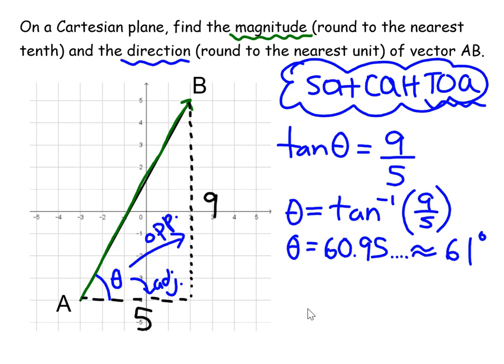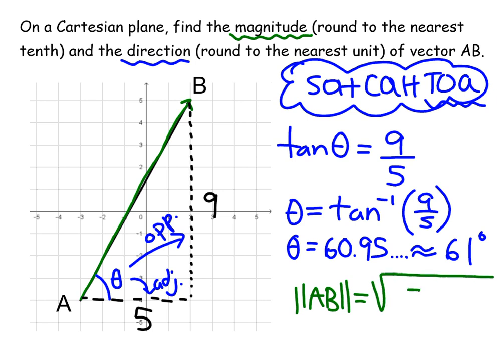Now to find the magnitude, we have the Pythagorean theorem that we can use. So if you want to find the norm of AB, you're going to do a squared plus b squared and then square root.